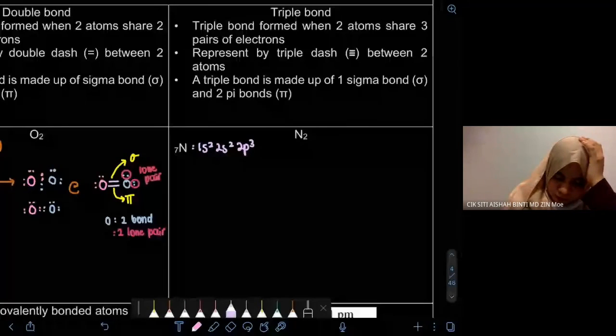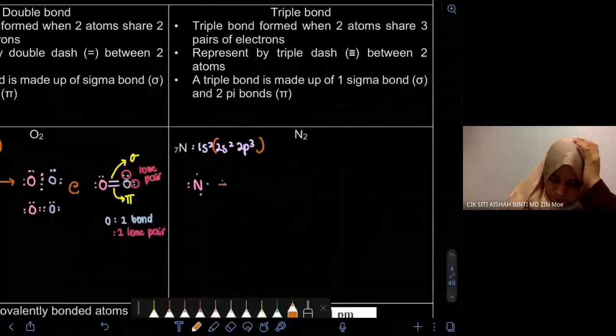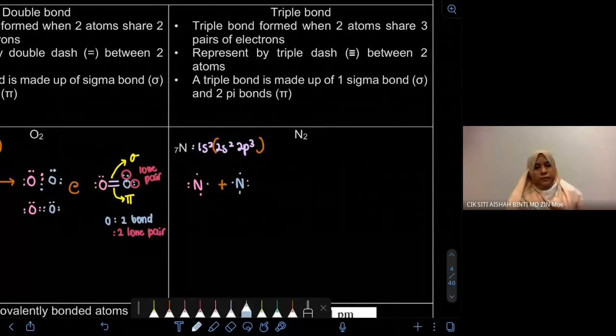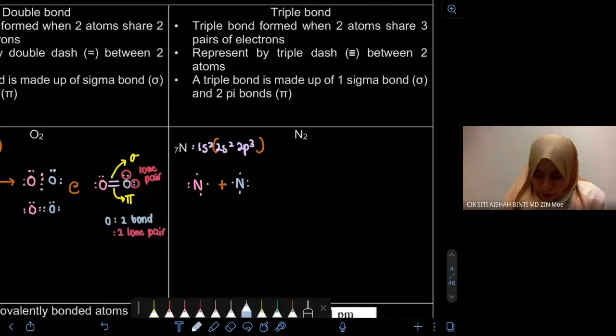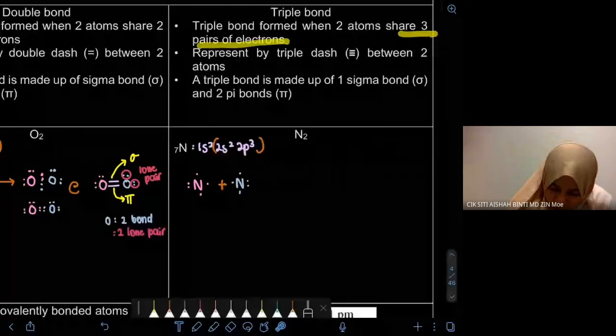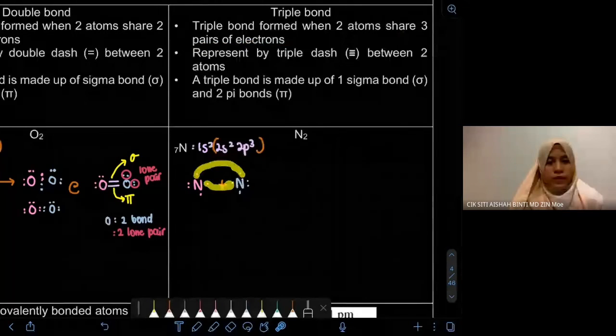So our nitrogen, here there are 5, right? 1, 2, 3, 4, 5. Plus another nitrogen, 1, 2, 3, 4, 5. Okay. So in this case, it's actually between 2 atoms sharing 3 pairs of electrons. So count 1 pair, 2 pairs, 3 pairs of electrons.